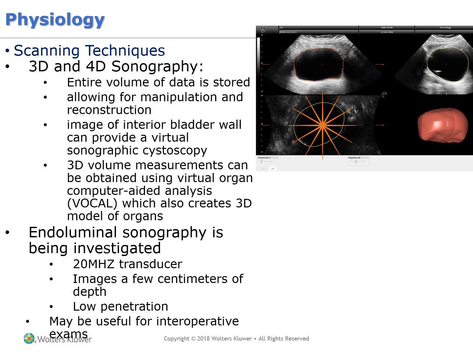These can be very useful to get that high frequency, high detail information, but this is a specialty exam that you're probably not going to be utilizing unless you're working in a specialty urinary clinic or a urologist's office, or surgically.